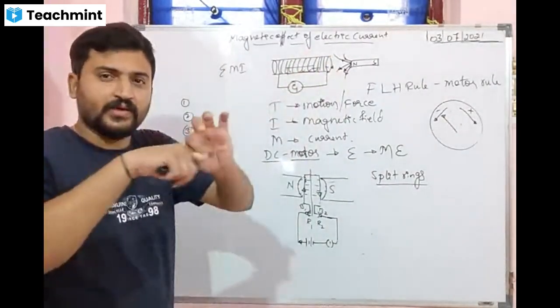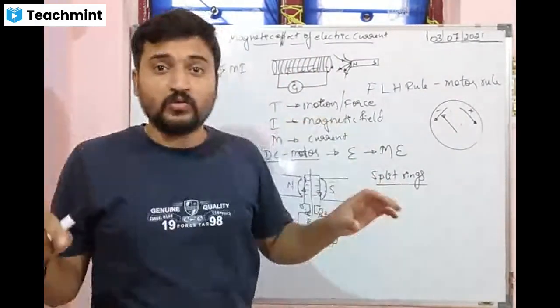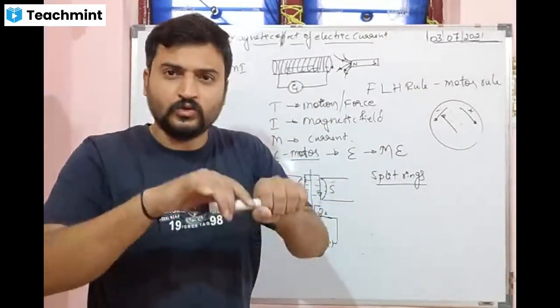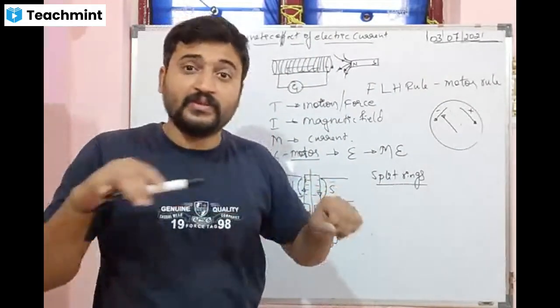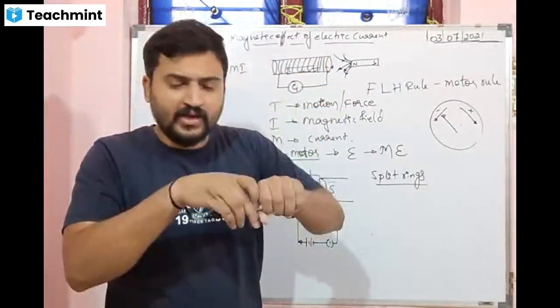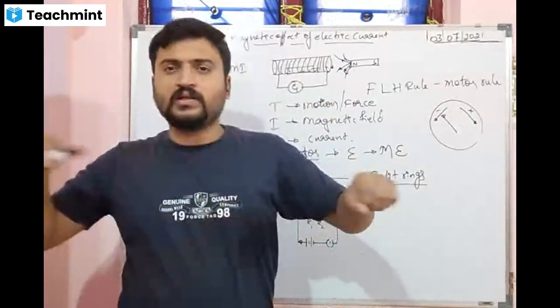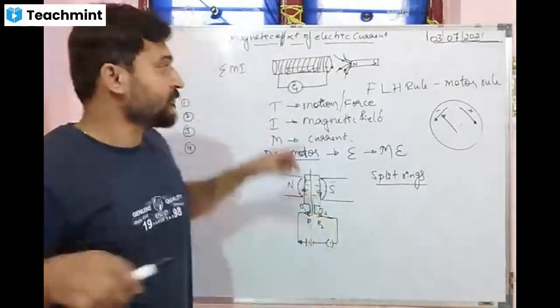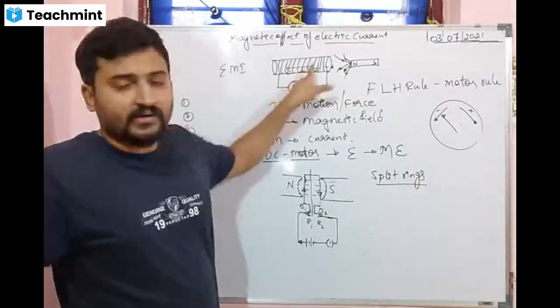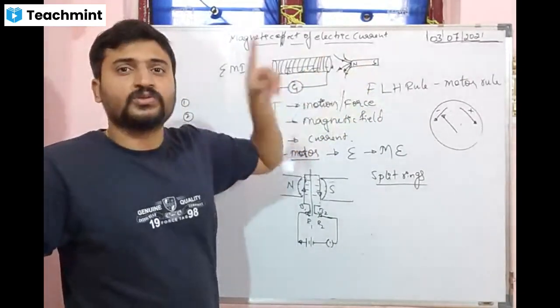We are just changing, putting it in and removing it out. When we remove it out, the link between these two changes. It is like tying a thread: when put inside it slackens, and when taken out it also slackens. The link between the conductor and magnet changes, and it induces current.